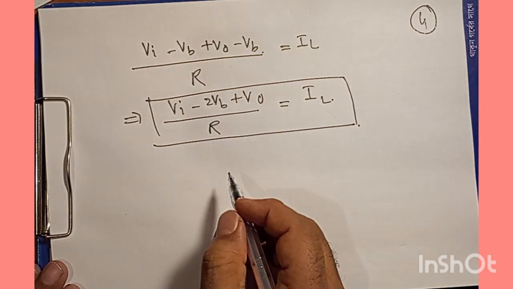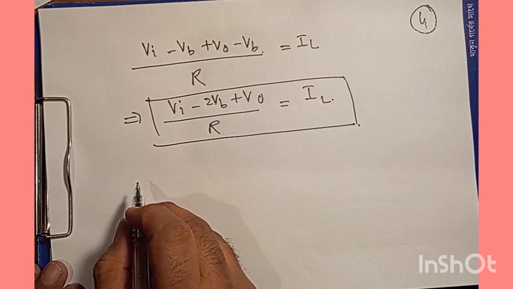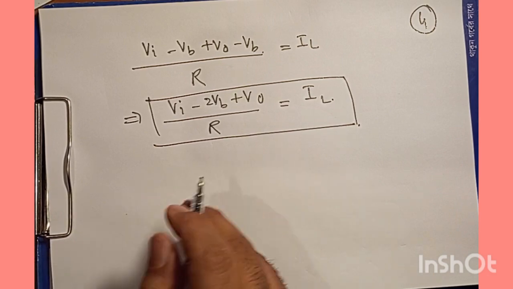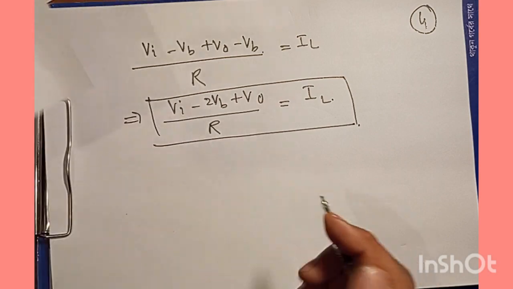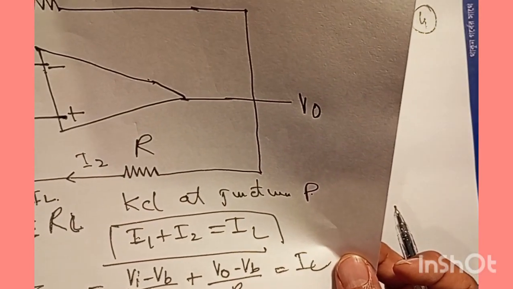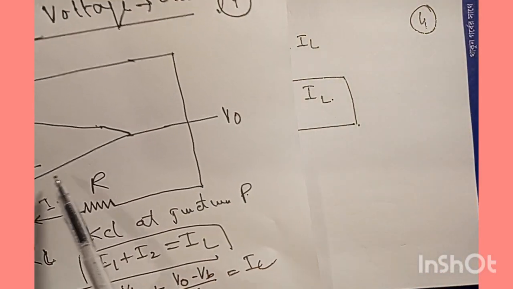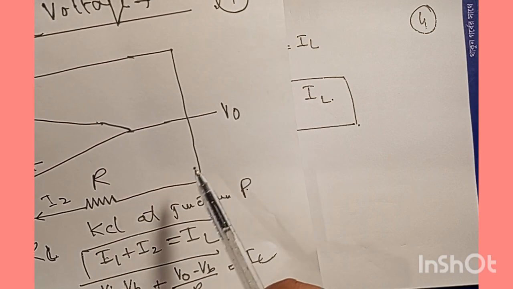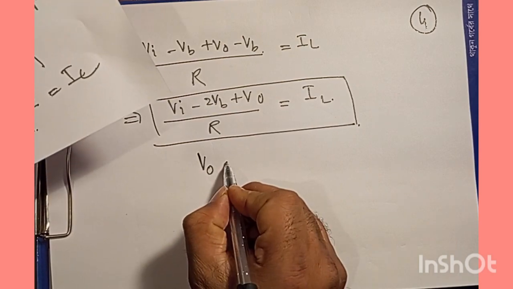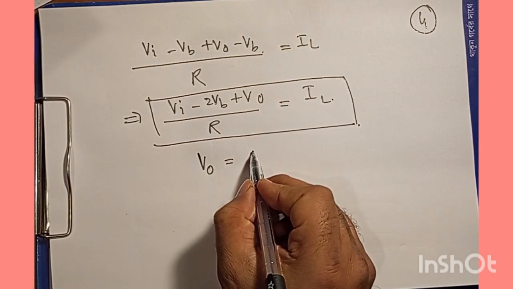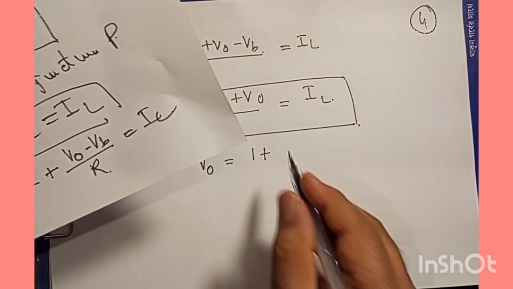Now we want to use the result of the non-inverting operational amplifier. We want to use that result here, and for that, this is the non-inverting end, right? And we can make use of that result. And what's that result? That is V out is equal to 1 plus RF by RI.